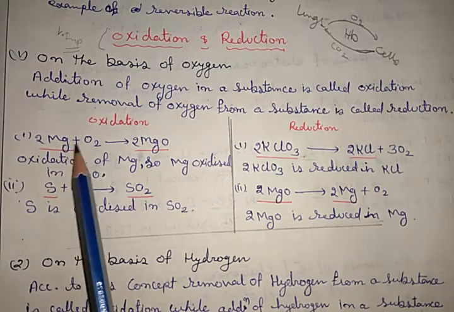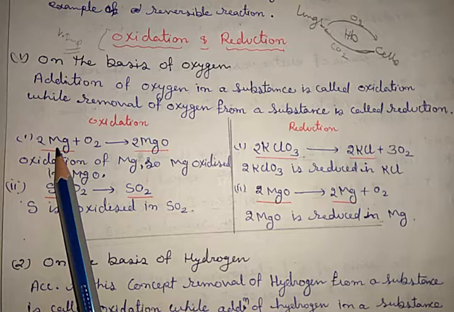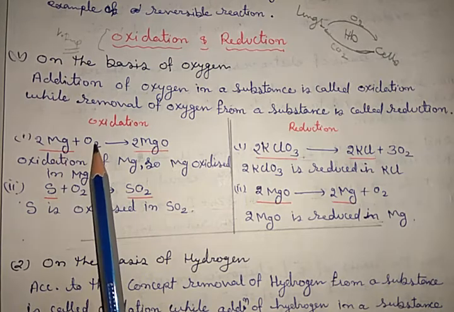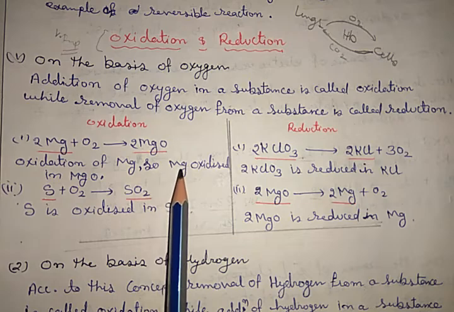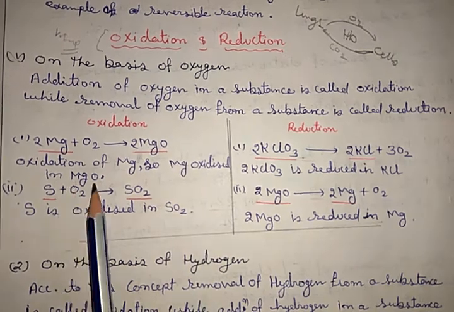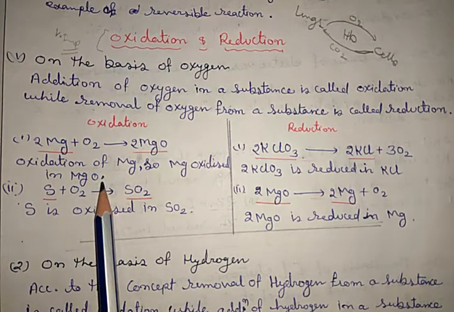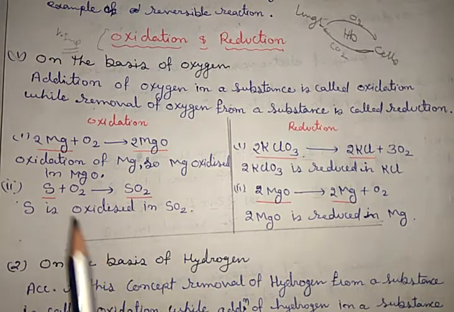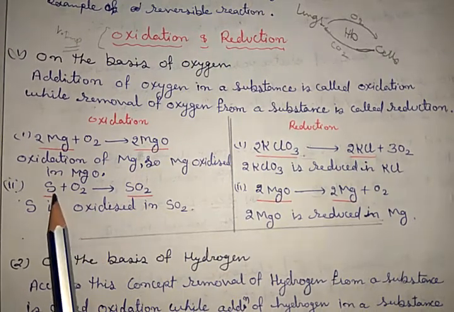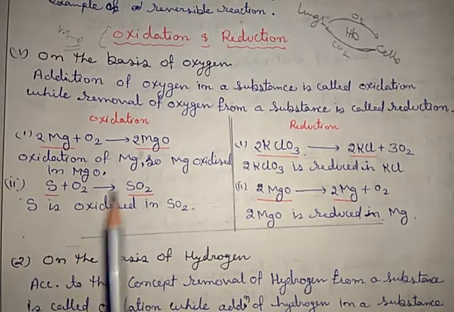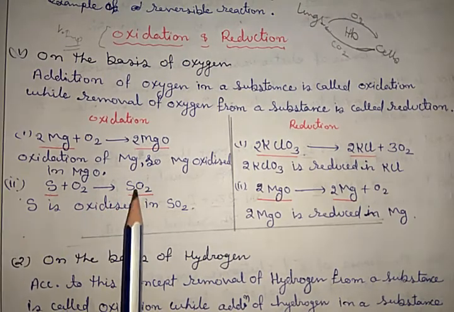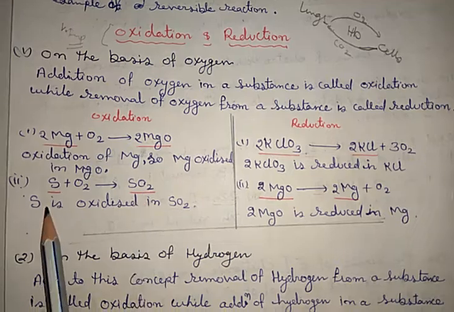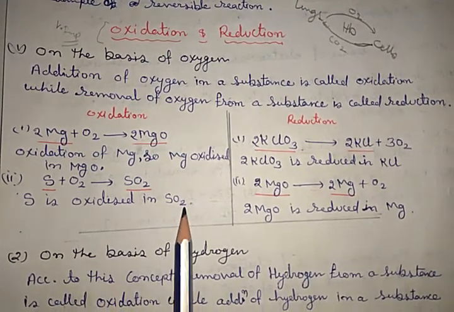Here oxygen is added to magnesium, so we can say that magnesium is oxidized into magnesium oxide, MgO. Similarly, in the second example, sulfur reacts with oxygen and makes sulfur dioxide. Here oxygen is added, so sulfur is oxidized.